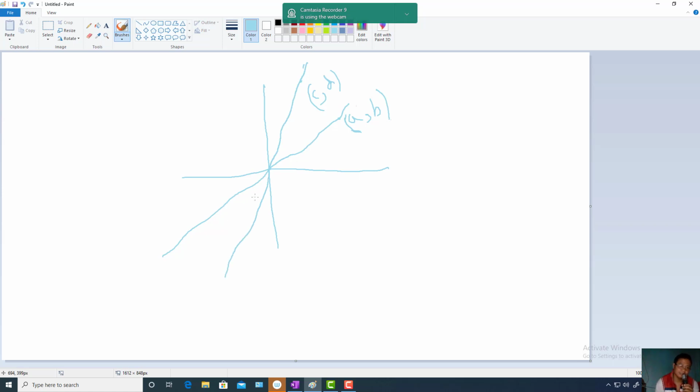This is going to be a solution also. Then when a is not equal to 0 but b is equal to 0, what is the line? Line is the x-axis. y is equal to 0 is the x-axis, right? So this x-axis is also going to be a solution.